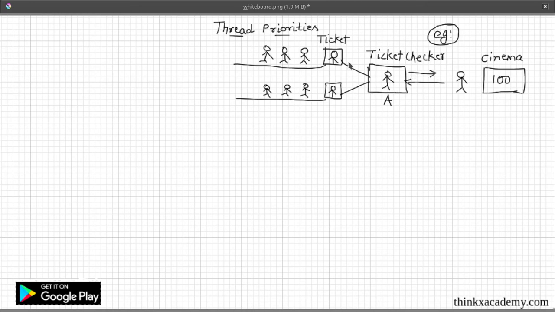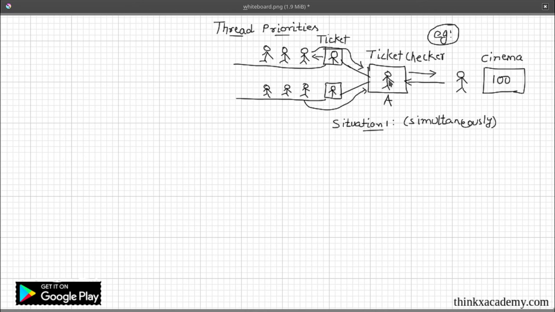Now he says that he will open both of the ticket counters at the same time. I'm going to write here that this is situation 1. It is a situation where two counters are running simultaneously. Both of these counters will deliver the ticket to the customer, and at the same time the customer will go to the ticket checker.